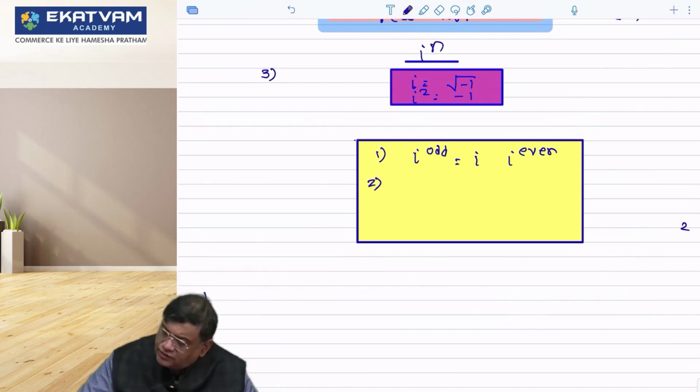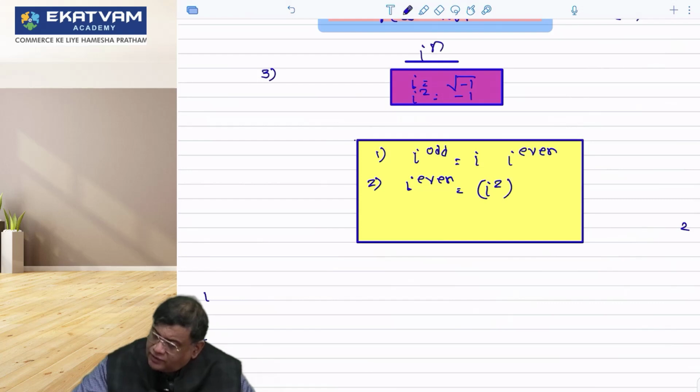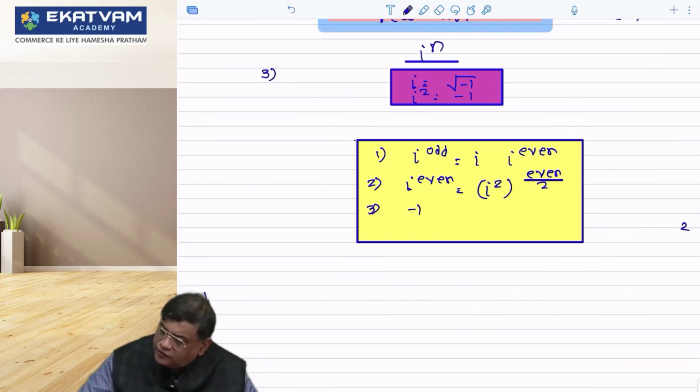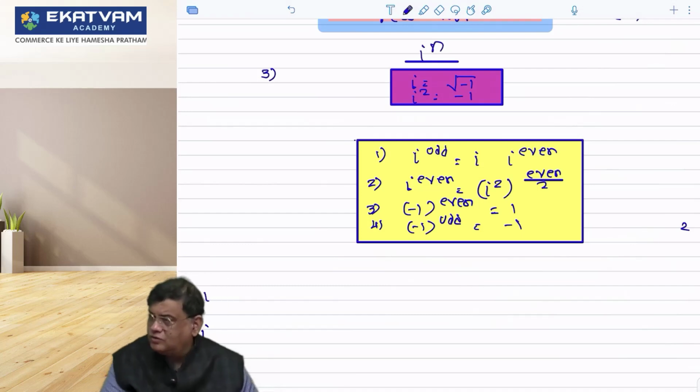When you have i raised to an even number, you say this is i square raised to that even number divided by 2. Then you have to understand: -1 raised to an even power is +1, and -1 raised to an odd power is -1. Did you understand, kids? Now write it down.